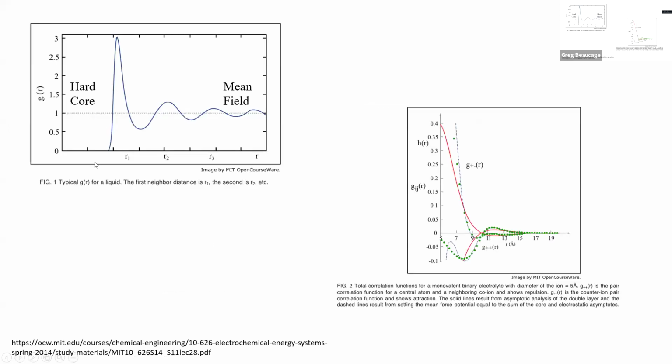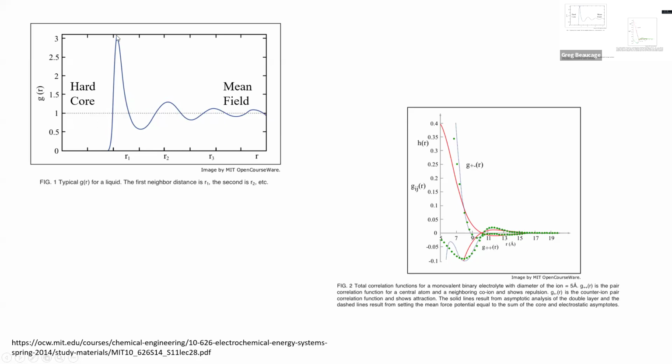So if you look at this kind of potential, this is a correlation function. It's like if you start from one thing and ask how far to get to another thing. And if there's a shell of things around it, there's a peak in this, and then there'll be multiple orders of that peak, right? So you can say the Bjerrum length is where that oscillation becomes flat, and it's like a mean field. The field is still there, it's not zero, but it's so far away that you can't tell which direction it is.